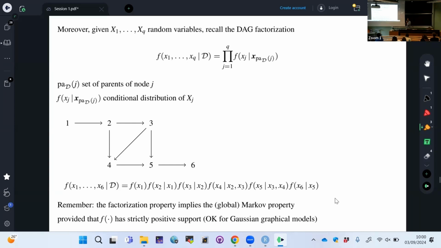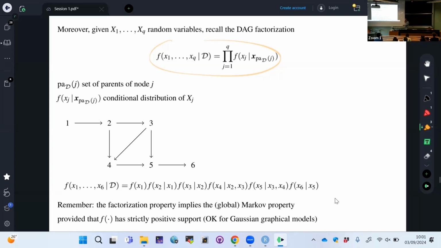So if we have random variables x1, ..., xq and we have a DAG, then the DAG factorization can be written in the following form. The joint distribution of x1, ..., xq can be written as a product over j from 1 to q of conditional distributions of the form xj given x parents of node j in the DAG.